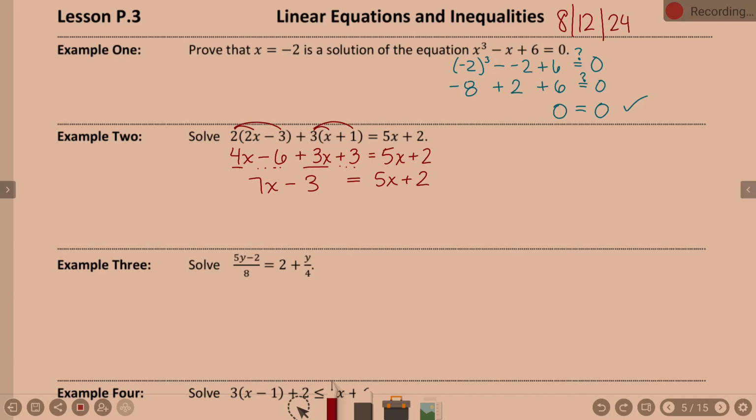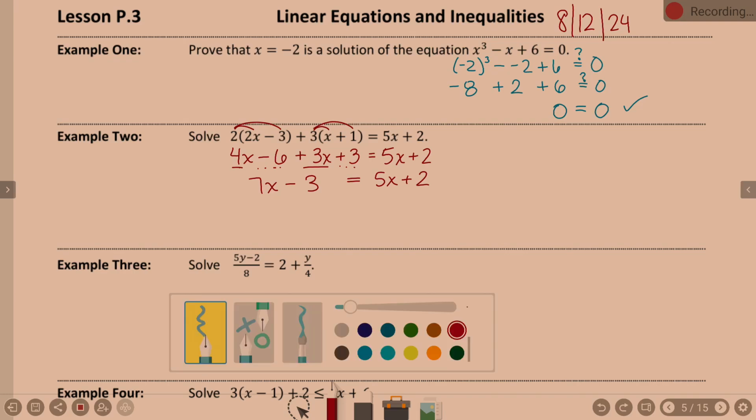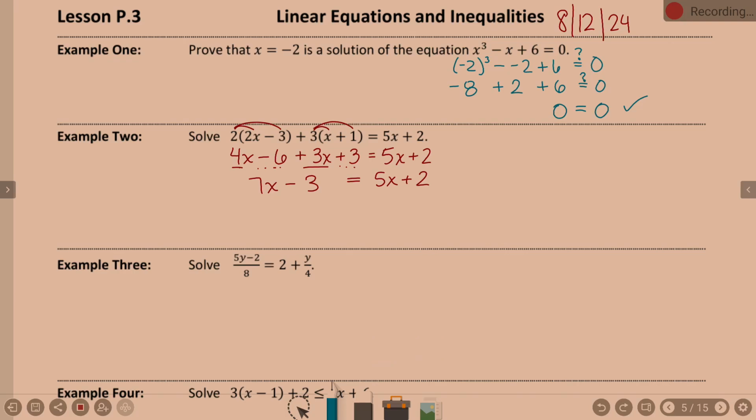Now what? You gotta get your x's all to one side. So, personally, I would subtract 5x and add 3 to the other side. We have nothing higher than a power of x to the first, so it's a basic equation you've been doing probably since middle school. Move your variables, your x's, to one side, and your constants without x's to the other side. I would move my x's to the left because that's where my larger x is.